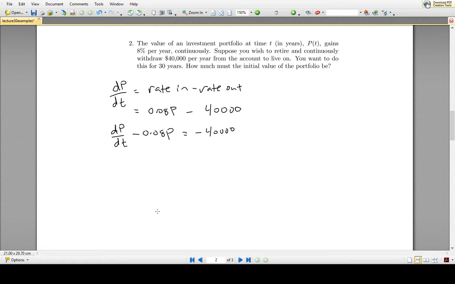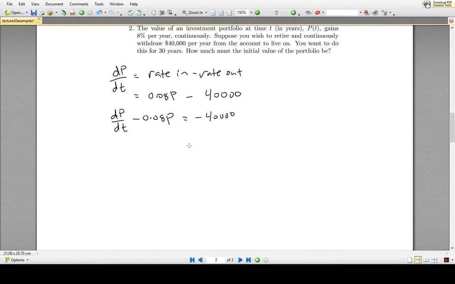So this is a first order linear differential equation, so we're going to use the method of integrating factors to solve it. The first thing we need to do is identify what our functions are. This little piece here, the negative 0.08, this is little p of t, and the negative 40,000, this is little q of t.